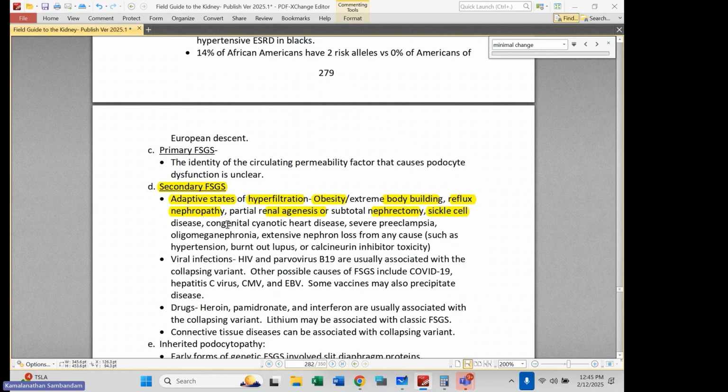This is also a feature of sickle cell disease. Exactly how that happens is not quite clear. We suspect that sickling in the deep medulla results in ischemia and then a vasodilation of the afferent arteriole in response to that medullary ischemia and hyperfiltration, okay?